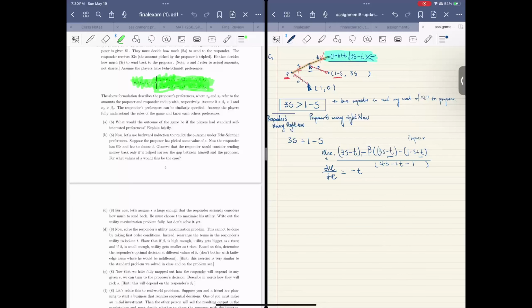So minus T minus beta of 2. Right? And then set them equal to 0. So negative 2 beta equals T.